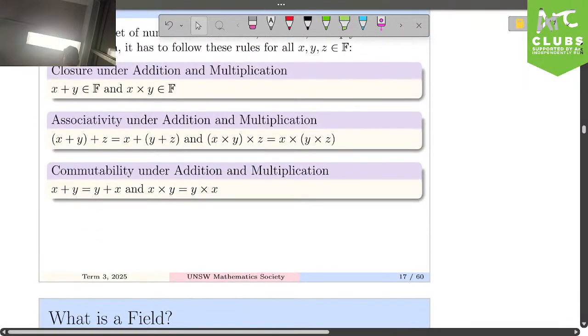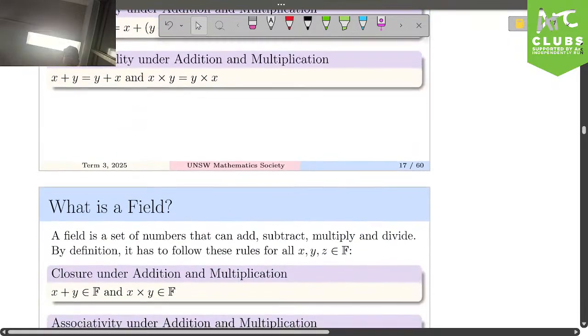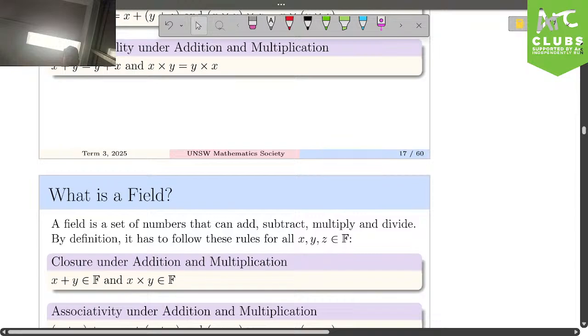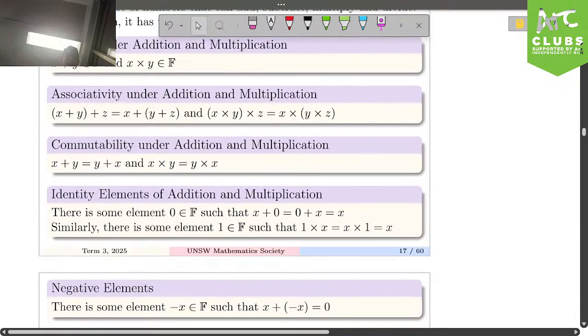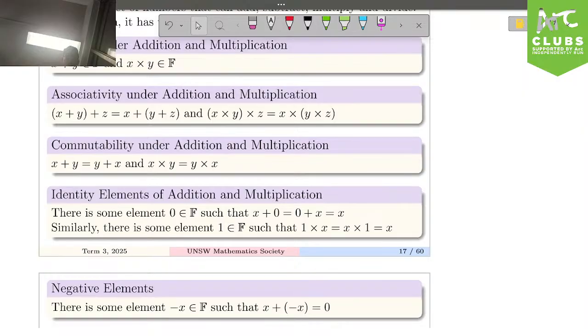We can commute elements, so 2 plus 1 is the same as 1 plus 2, and 2 times 1 is the same as 1 times 2. You'll also have identity elements. So there exists a 0 element, such that if I add 0 onto any number, I get the same number. This is an additive identity. And it has a 1. If I multiply any number by this 1, a multiplicative identity, I get x.